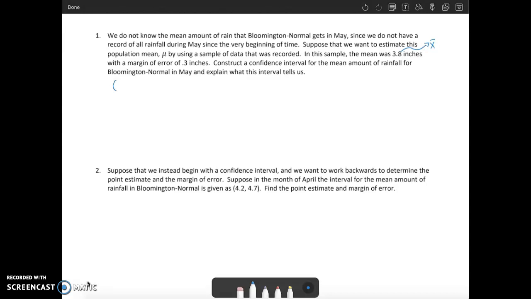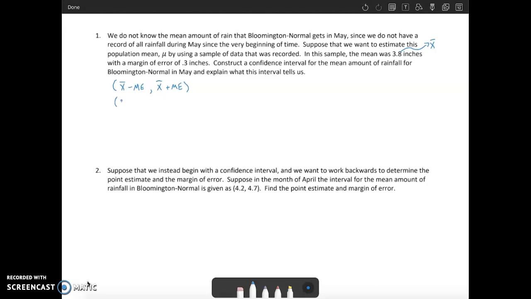The lower value is calculated by taking the sample mean minus the margin of error. And then the upper limit is calculated by doing the sample mean plus the margin of error. So that creates your range of plausible values for the population mean. In this case, we have all of the numbers we need.